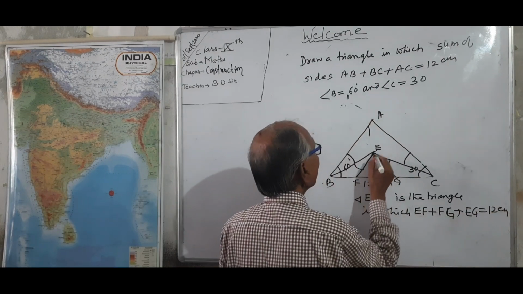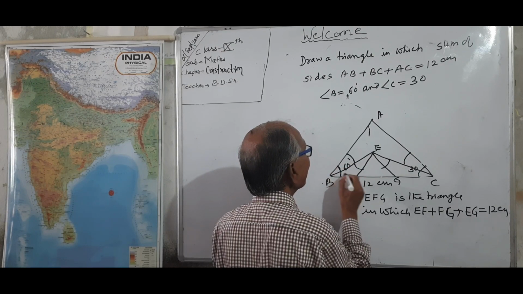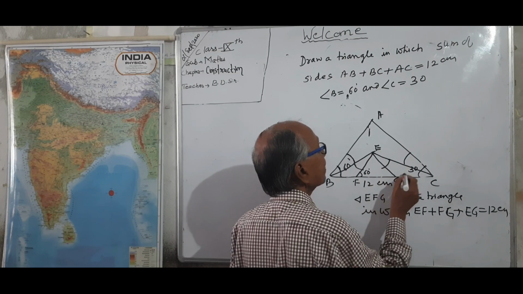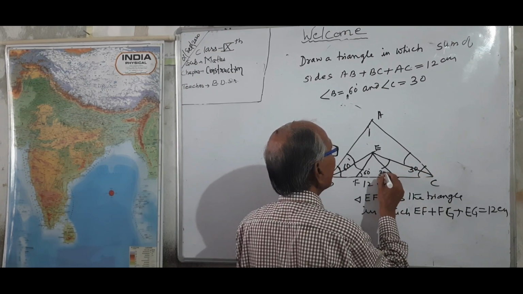Since these lines are parallel and this is the angle of 60 degree, this will also be angle 60 degree. Same is the case here. Since this is 30 degree, this will be equal to 30 degree.